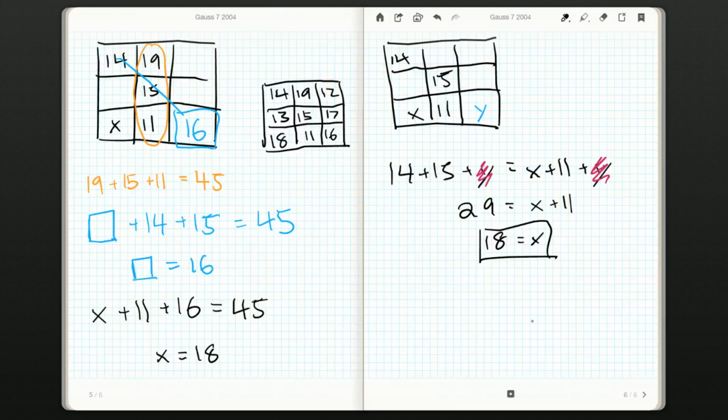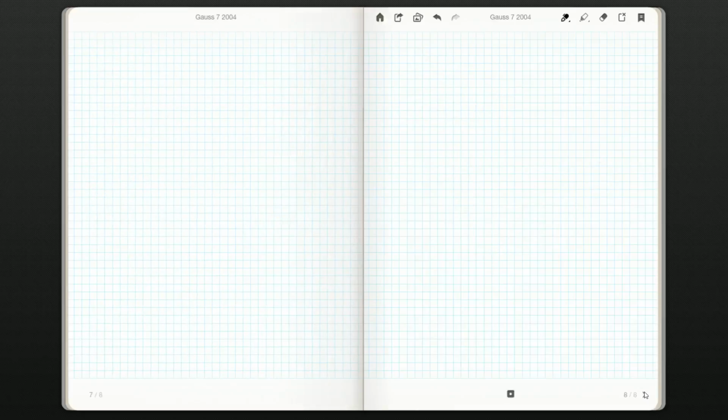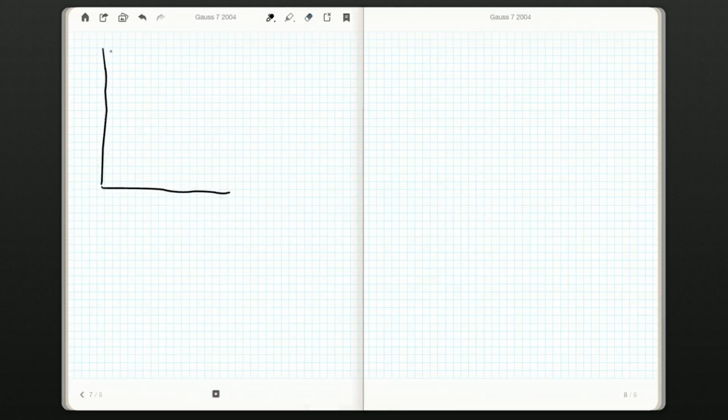Well, let's redraw our figure and see what we can come up with. I'd like a straighter line than that if I can. There, that's a little better. So I know I've got a 3 up here, and I've got a 5 here, and a 6 here, and I've got right angles everywhere.